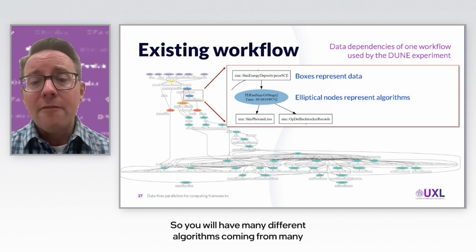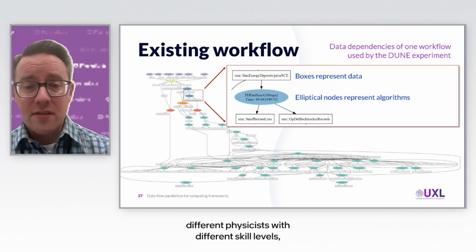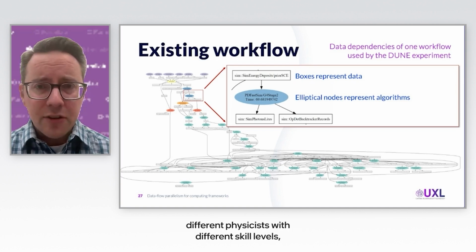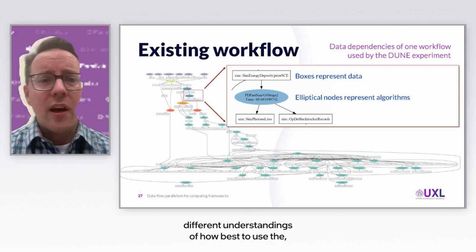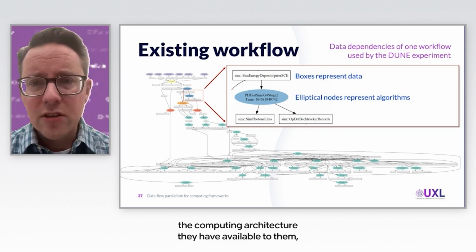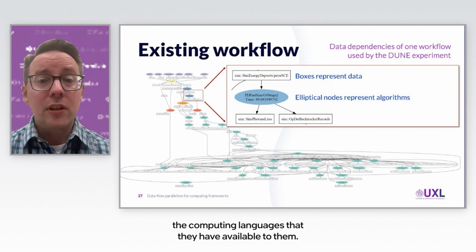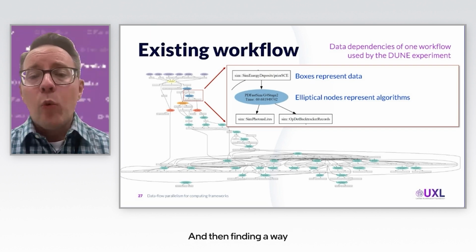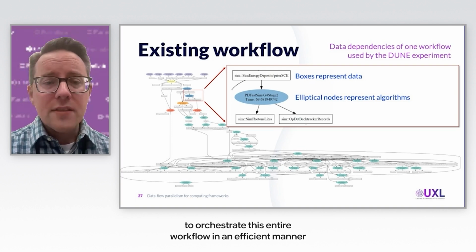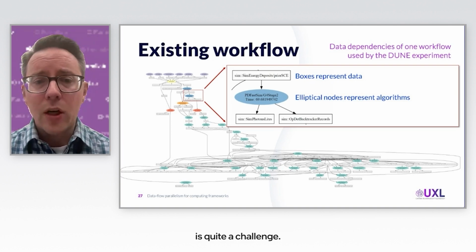So you will have many different algorithms coming from many different physicists with different skill levels, different understandings of how best to use the computing architecture they have available to them, the computing languages that they have available to them, and then finding a way to orchestrate this entire workflow in an efficient manner is quite a challenge.